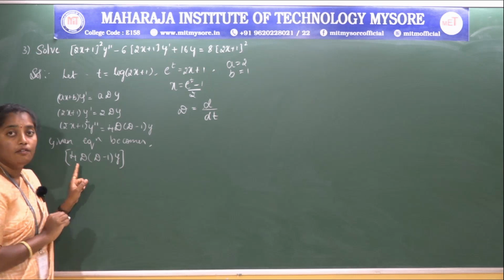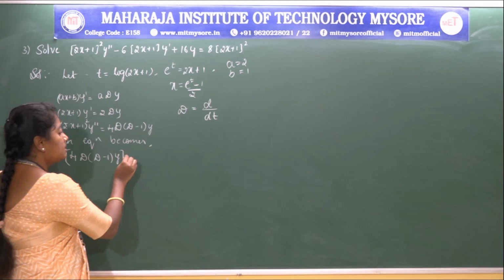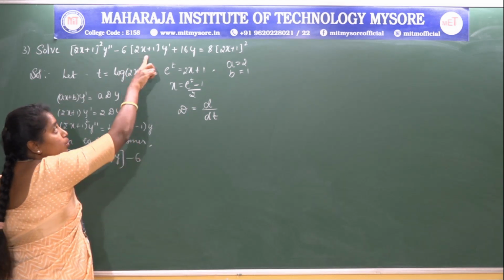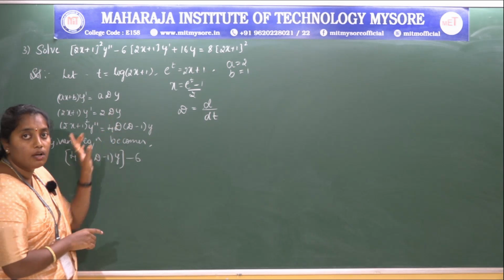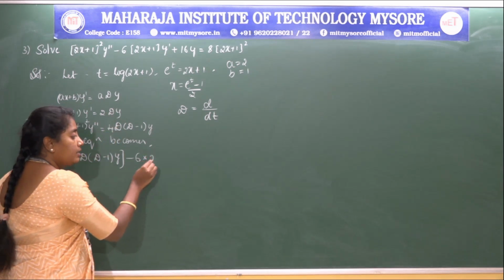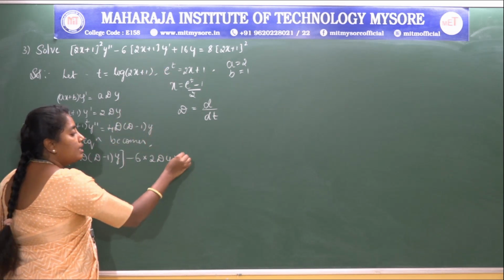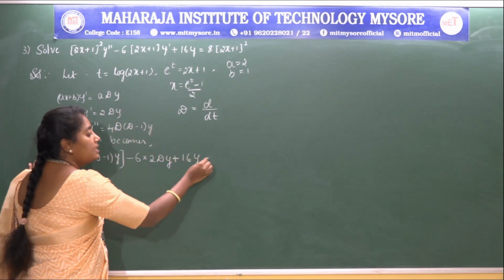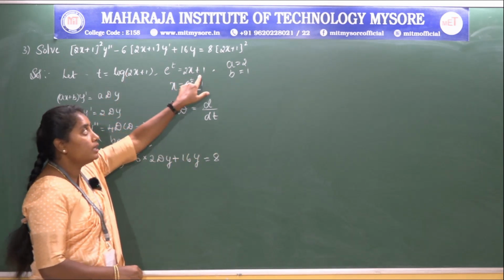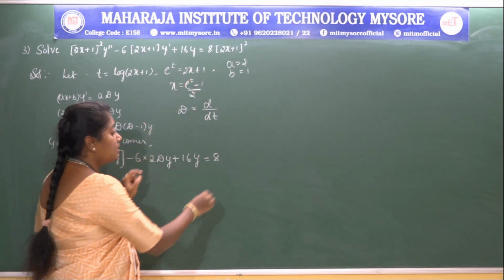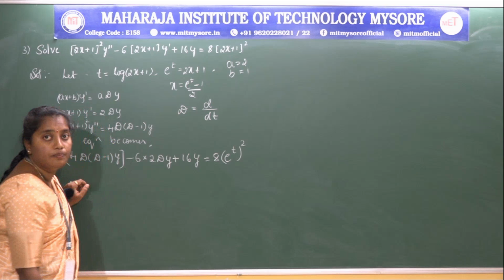First element is 4D(D - 1) y, minus 6 times (2x + 1) y', which is equal to 2 Dy, and the last term plus 16y is equal to 8 times (2x + 1)^2. And 2x + 1 is equal to (e^t) to the power of 2.